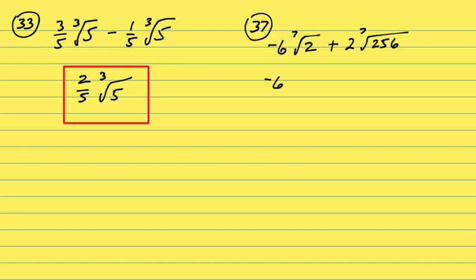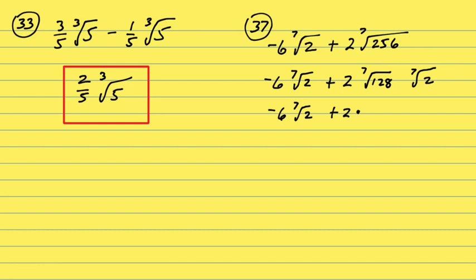Now, these are both 7th roots on 37. This is the 7th root of 2. I need to probably turn this into something that has a 7th root of 2. 256 divided by 2, I believe, to be 128. So you have -6 7th root of 2, plus 2 times, because this is multiplied. What is 2 to the 7th power?